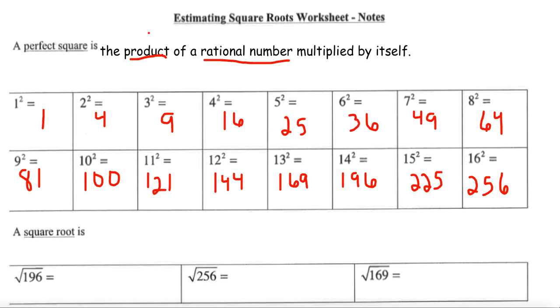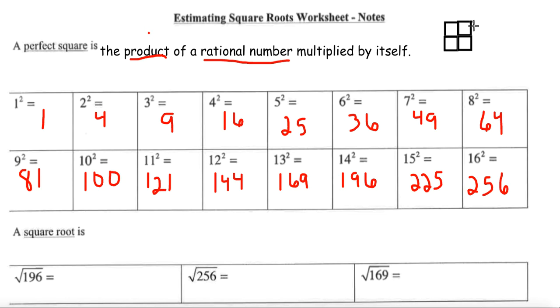a little bit easier. The reason they're called square roots, I just want to show you this quickly, is because squares have side lengths that are all the same. So if I had a square which was 1 by 1, I have 1 square. If I made a square that was 2 by 2, 2 on the top and 2 on the bottom, notice that's made up of actually 4 squares.